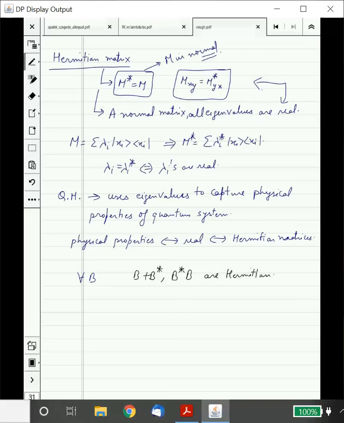On the other hand, if A and B are two Hermitian matrices this time, then A plus B is also Hermitian, though AB need not be. This is important. The product of two Hermitian matrices need not be Hermitian.